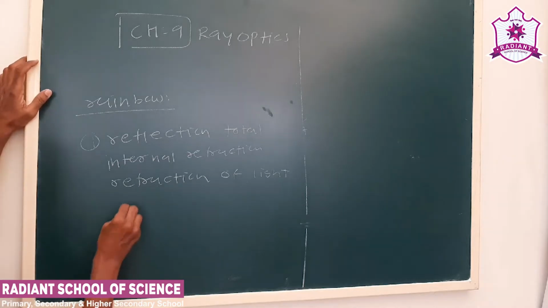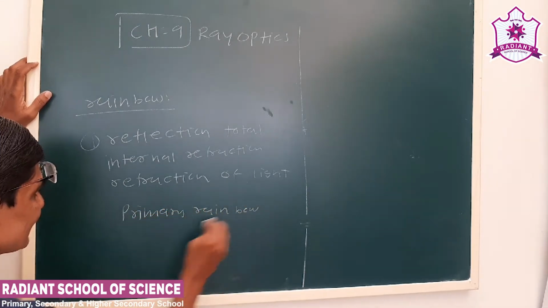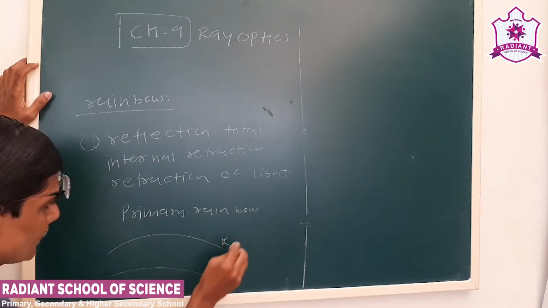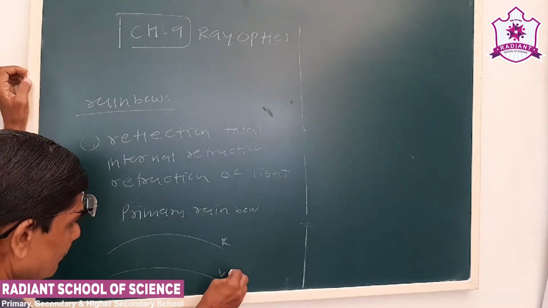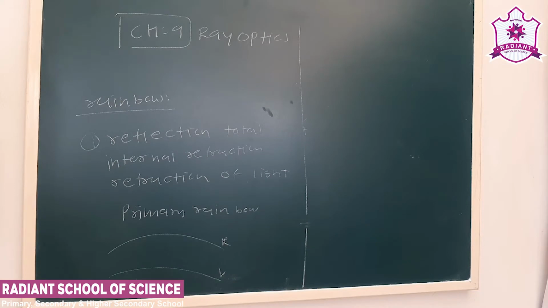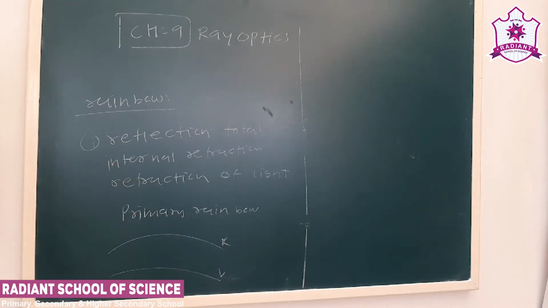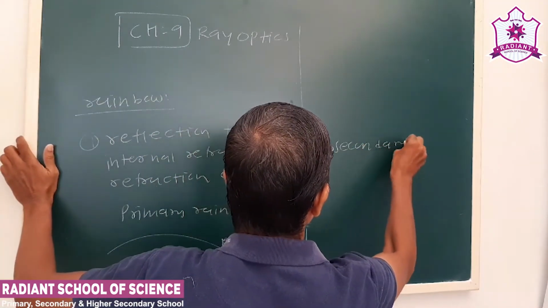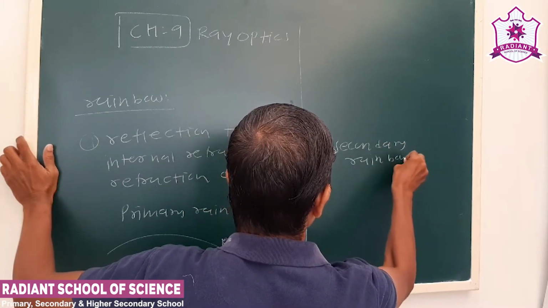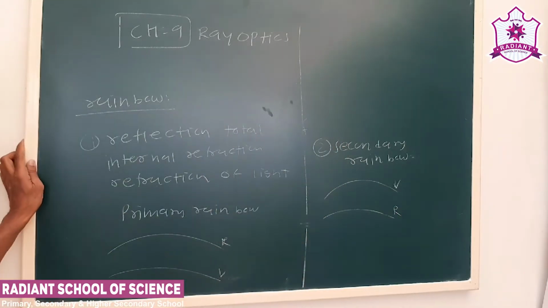See, there are two types of rainbow. One is the primary rainbow. You must all have watched the primary rainbow in the monsoon. Red is at the top and violet at the bottom. In the primary rainbow, reflection, total internal reflection and refraction of light take place. In a secondary rainbow it is inverted: violet will be at the top and red at the bottom.